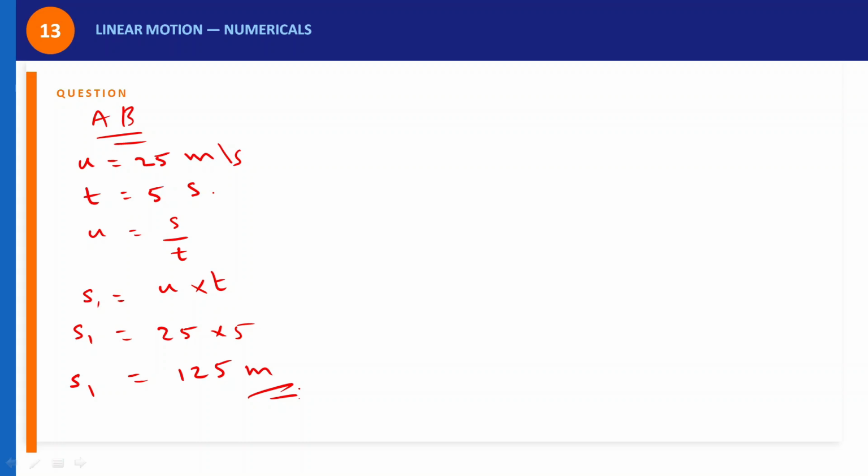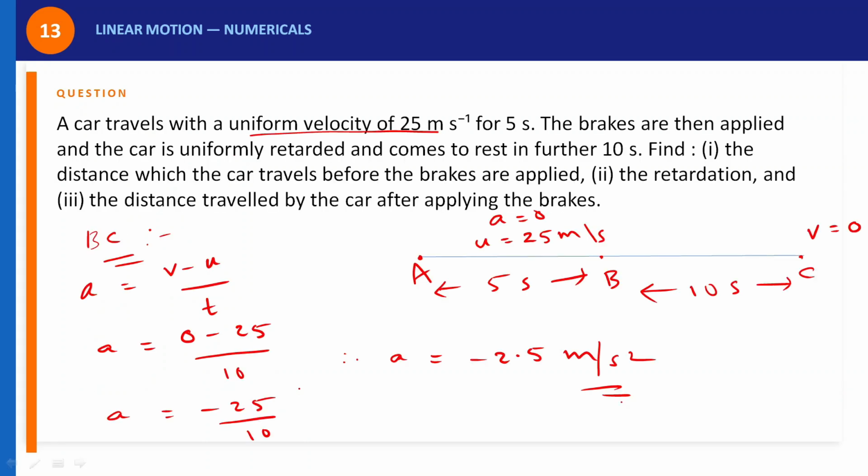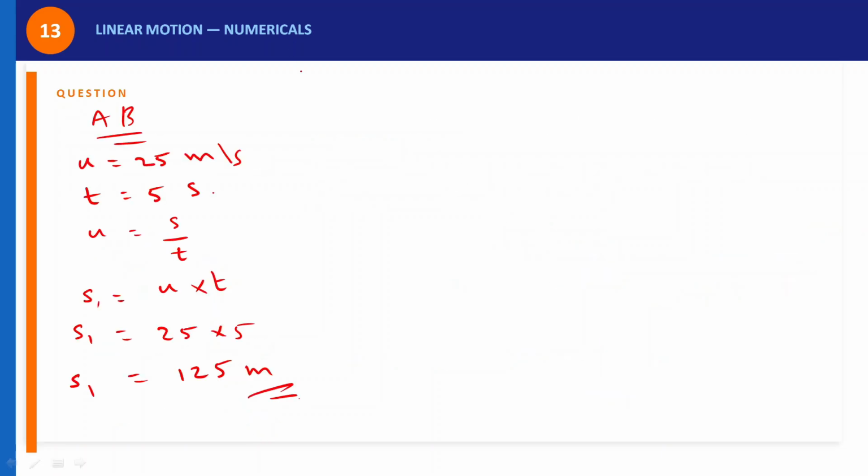Similarly, let's find what is the distance covered by the body from B to C also. B to C case. For this, we have final velocity square minus initial velocity square equal to 2as. Here we know the initial velocity and final velocity, uniform acceleration, I mean retardation. We don't know the displacement.